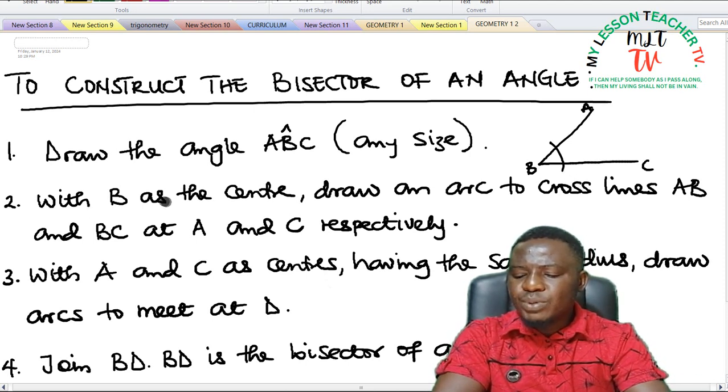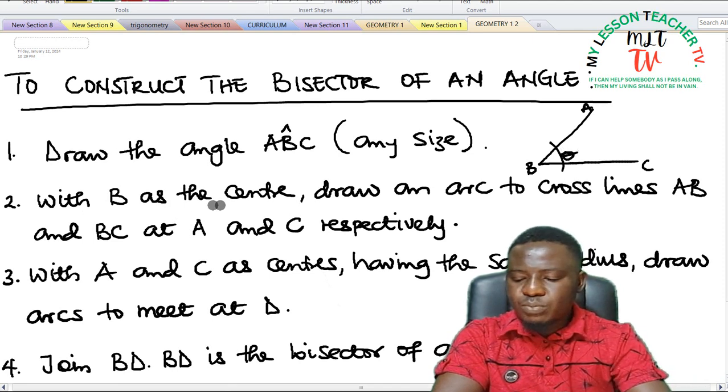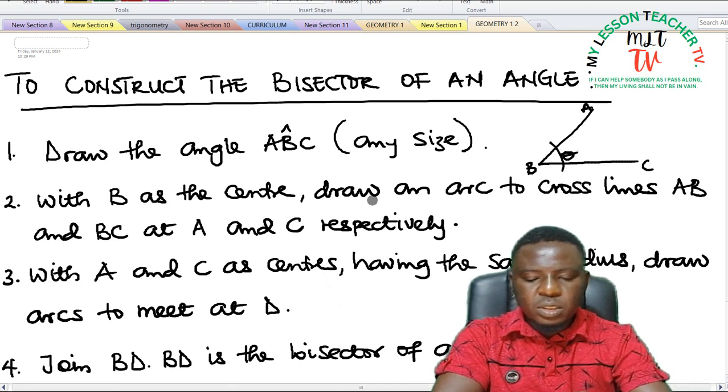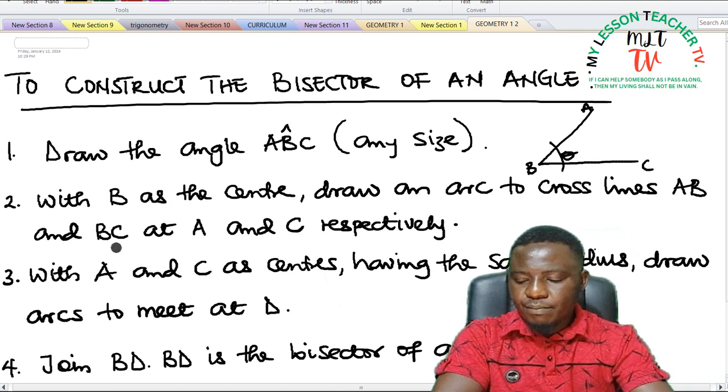Then with B as center, let's call this theta. With B as center, draw an arc to cross lines AB and BC at points A and C respectively.